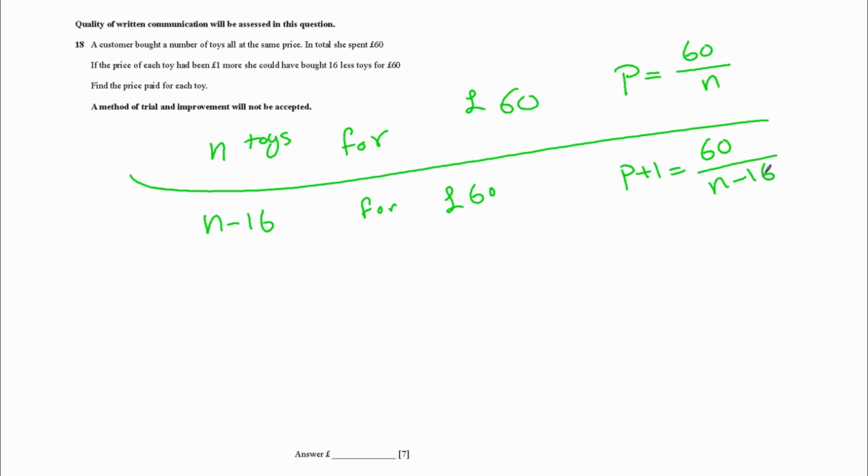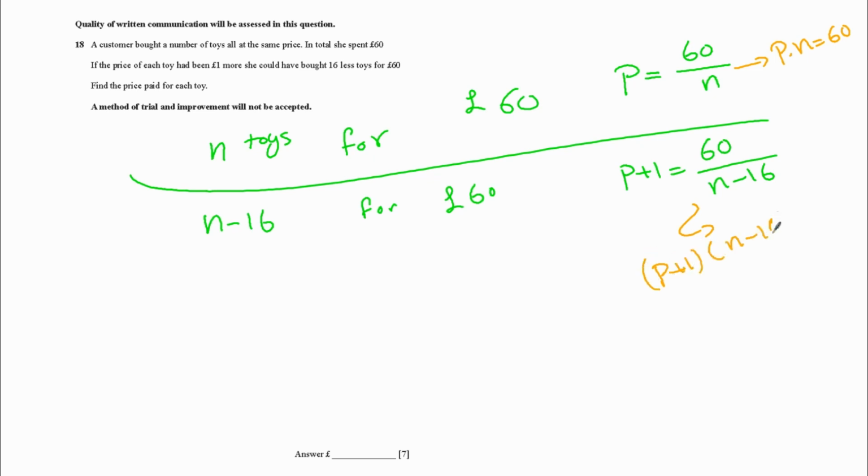Now, I just need to solve this. So I am going to simplify a bit. For the first one, I'm going to write that P times n equals 60. For this one, I can write P plus 1 times n minus 16 equals 60, multiplying both sides by n minus 16.